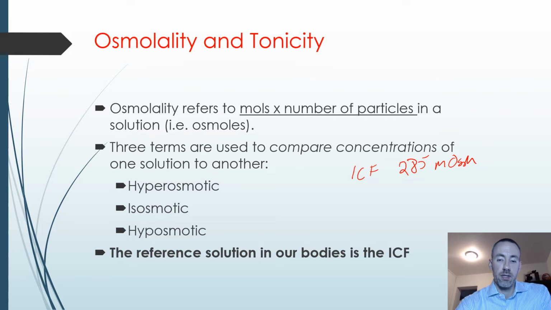There's a range, of course. An isoosmotic solution at 285 would be the same as the intracellular, so we call that isoosmotic. Hyperosmotic would be anything greater than 285 relative to the ICF. Anything lower than 285 would be hypoosmotic. So if I had a solution that was 260 milliosmoles, that's hypoosmotic relative to the inside of my cells, which is 285.